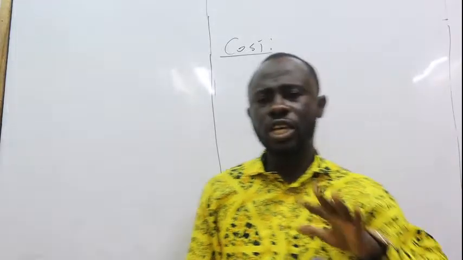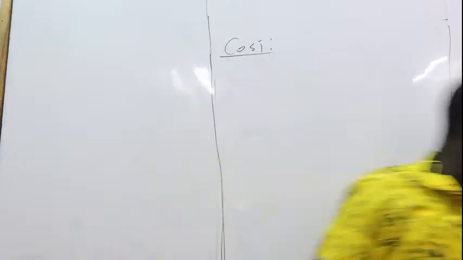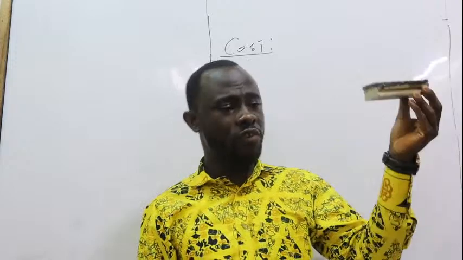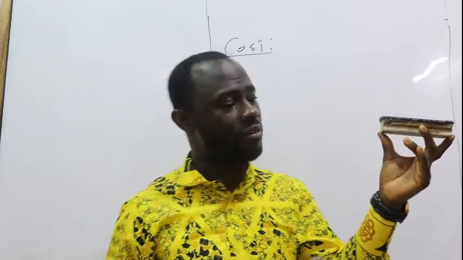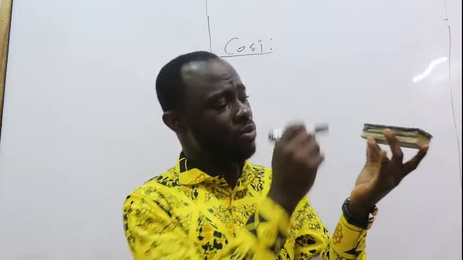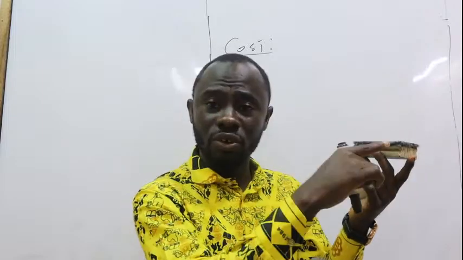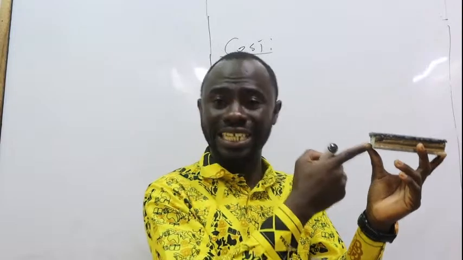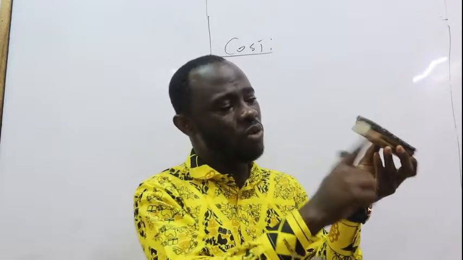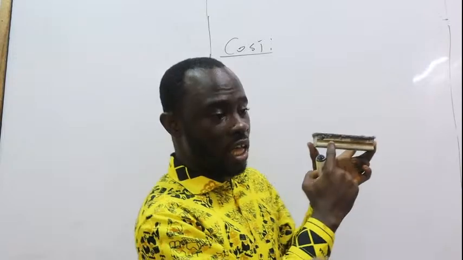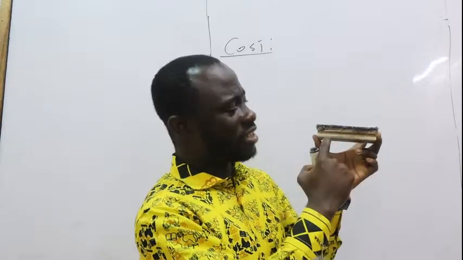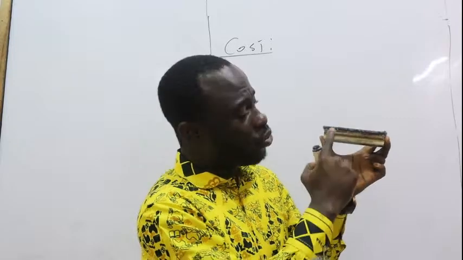But when it comes to cost, remember I told you this earlier, if you look at this duster, there are a lot of things making up the duster, right? We have the wood there, we have the carpets there, we have the glue there, we have the carpenter who did it, we have the one who did the finishing of the duster. It could be an expert who did all of that.